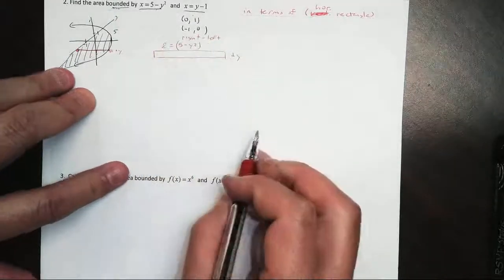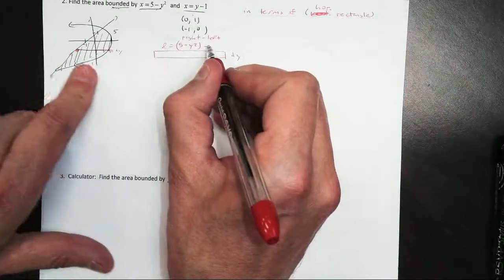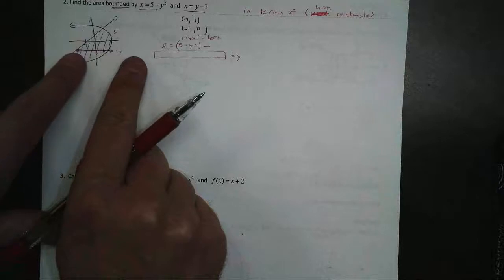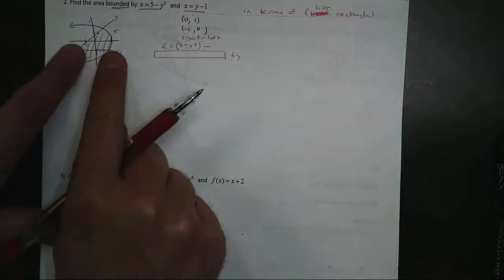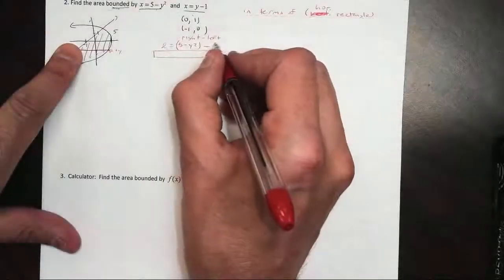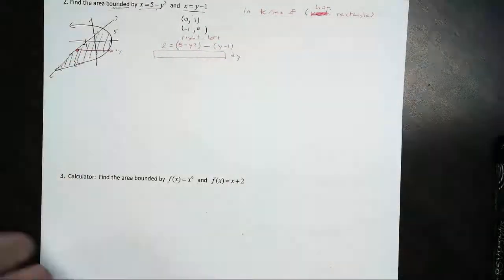Now notice I always put it in parentheses because I'm going to have to simplify. And the left is our line. Right minus left, literally, right hand minus left hand. Minus the line, which is this y minus 1 right there.